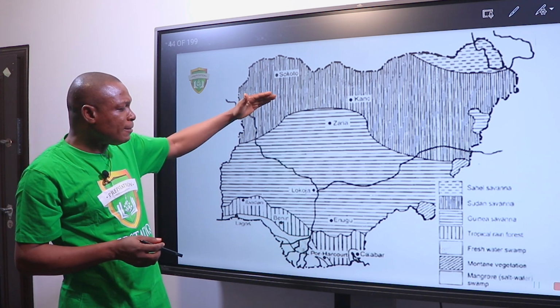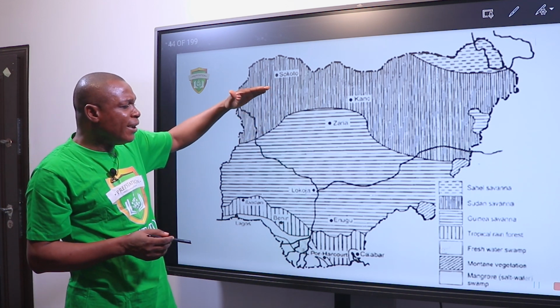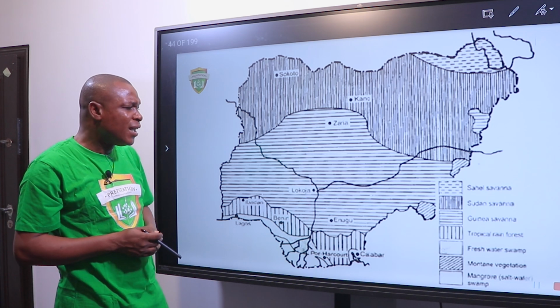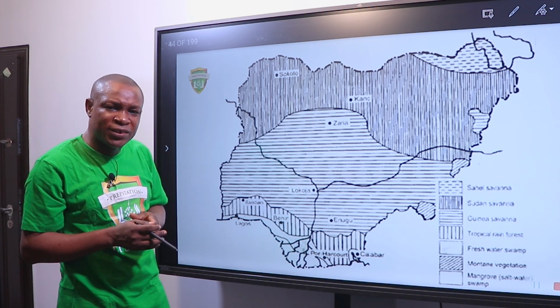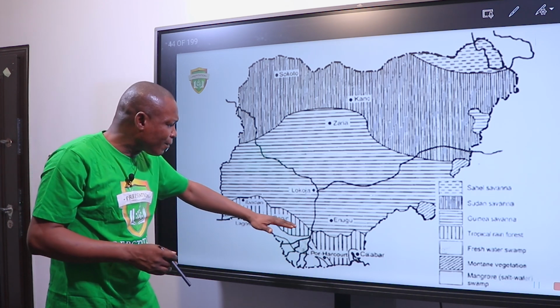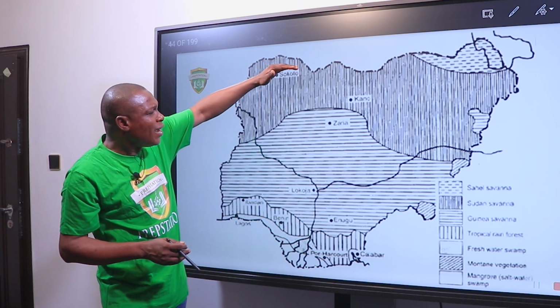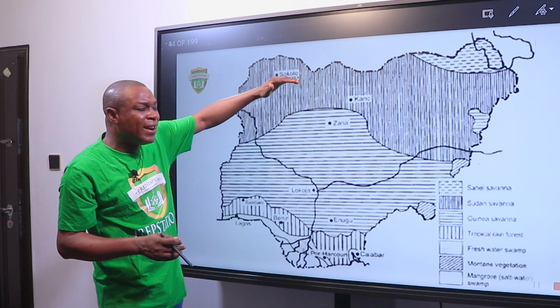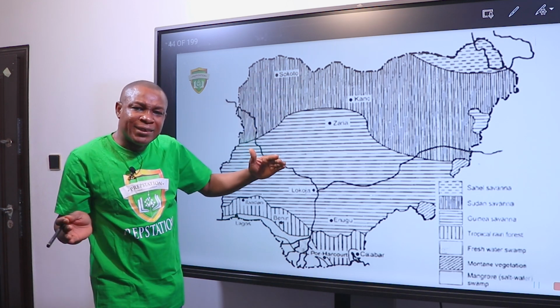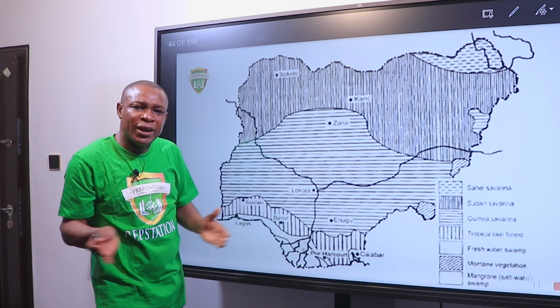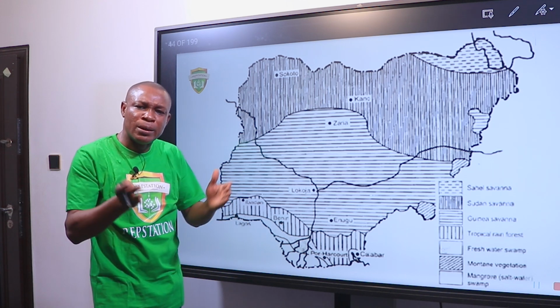Away from the savanna, you now have the forest vegetation belt. Now, before we look at the forest vegetation belt, from the map, you can see that from here, going upwards, is the savanna. So savanna vegetation takes a larger part of the country's vegetation belt.